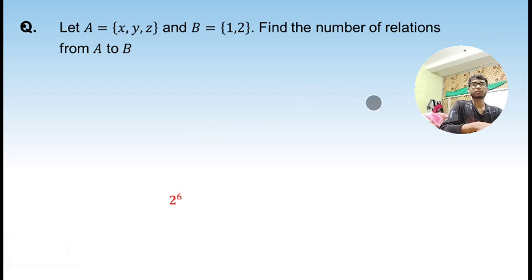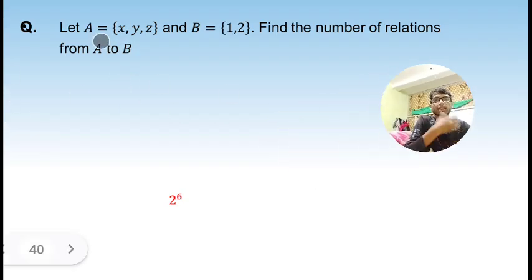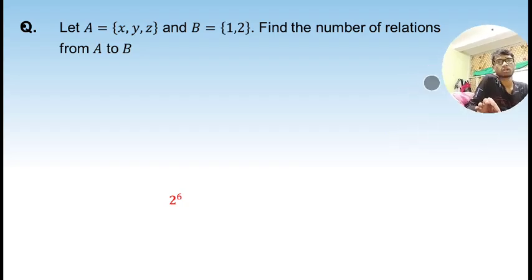Now next we have: let A be the set x, y, z, and B be 1, 2. Find the number of relations from A to B. A relation can be, for example, x comma 1 and y comma 2.